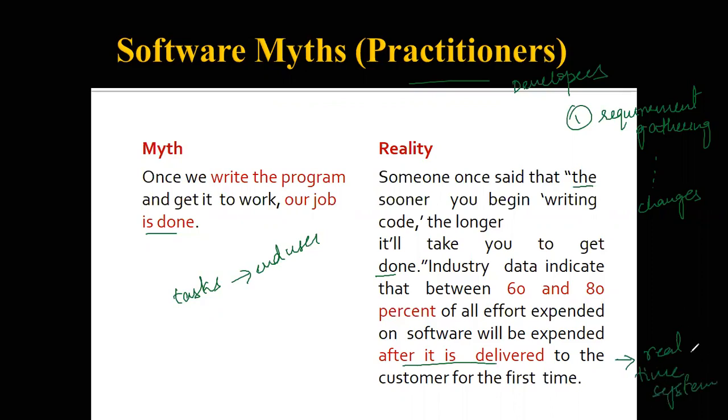According to this, you're going to get the feedback. If any changes are required, the job of the developer is to make changes within the code. So this myth is nullified.